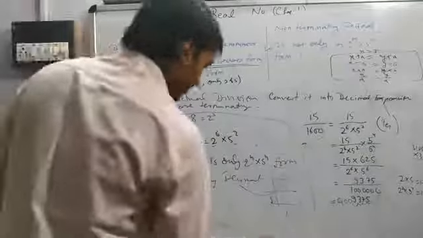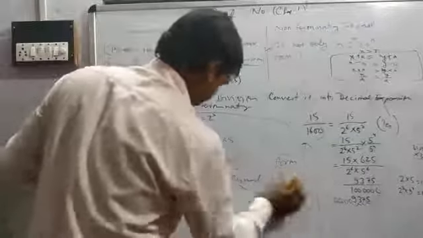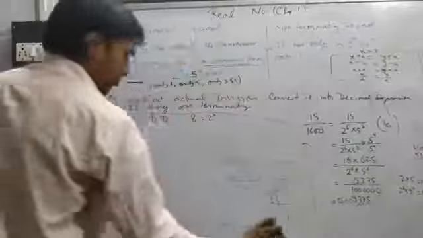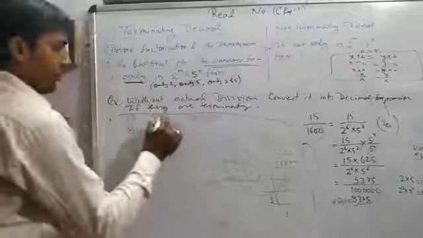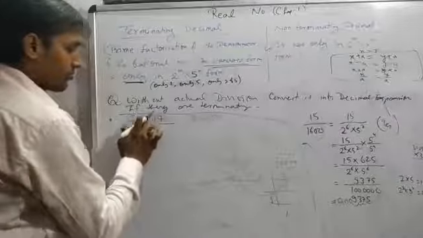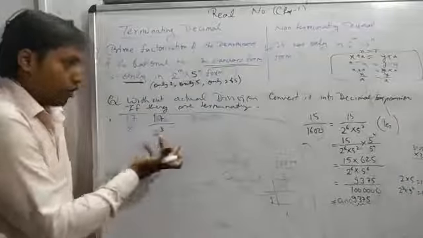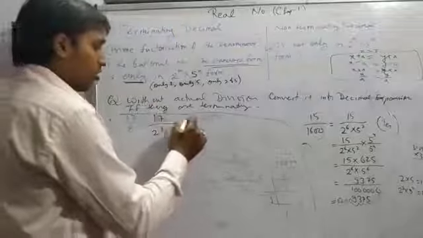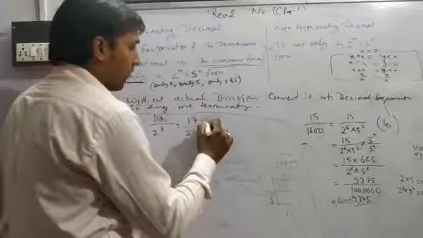Take one more example. Here, same, 17 upon 2 to the power 3. It is terminating, because only 2 is here, so it is a terminating decimal. We want to express the decimal expansion form. 17 upon 2 to the power 3, and 5 to the power 3.